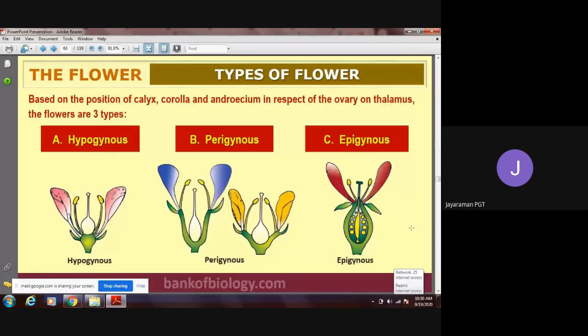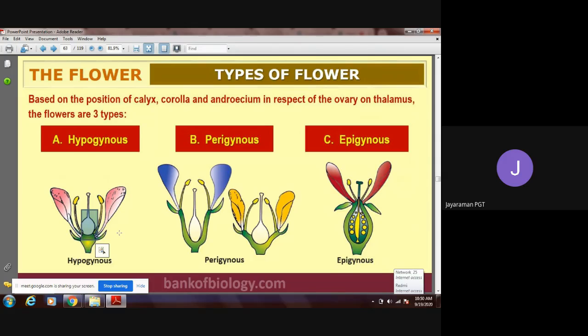You can look at this picture, the first picture, the gynoecium occupies the top position. The remaining floral parts, that means calyx, corolla, stamens, are all below the ovary. They start below the ovary.